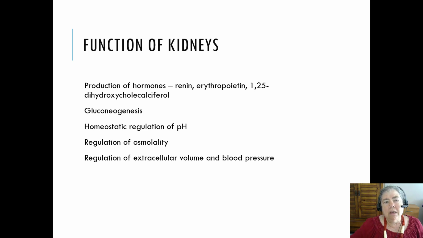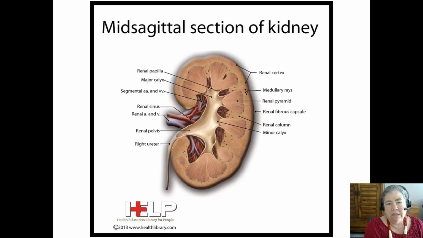And through a number of mechanisms, including how the kidneys handle water and electrolytes, and through its endocrine function in producing renin, the kidneys are extremely involved in the regulation of the volume of extracellular fluid and of blood pressure. So let's look at anatomy.